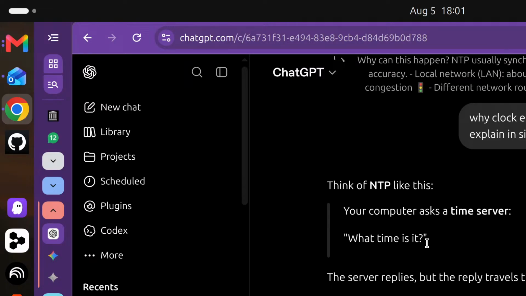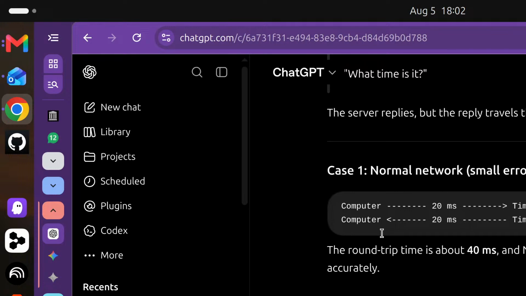Think of NTP like this: your computer asks a time server what time it is. The server replies, but the reply travels through the network. The network delay from computer A to the time server is 20 milliseconds and 20 milliseconds back, so the round trip time is 40 milliseconds.